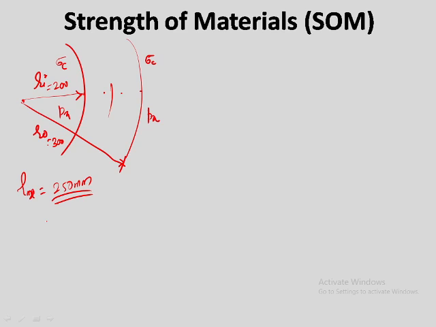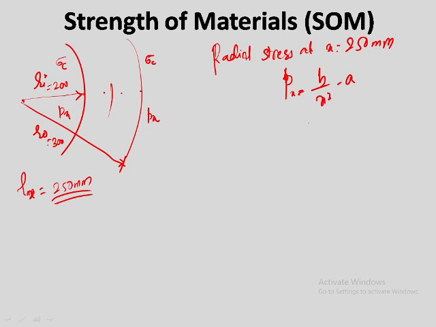Now let us calculate the radial stress at x equal to 250 mm. Px at 250 mm is b by x square minus a. So b is 5.76 into 10 to the power of 6 divided by 250 square minus 64.